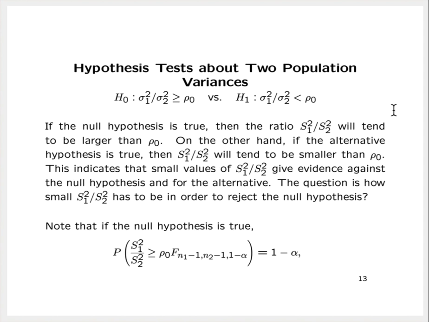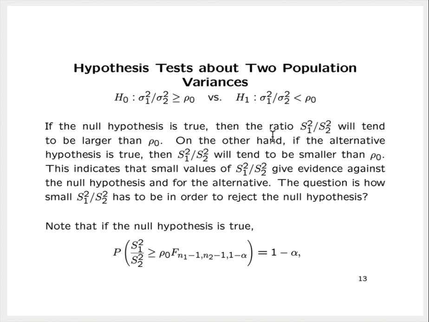In this case, if the null hypothesis is true, then the ratio of the sample variances, S1 squared over S2 squared, will tend to be larger than rho sub 0, this hypothesized ratio of the population variances. And by the way, we're using rho to represent this hypothesized ratio because of the R sound, obviously, ratio and rho.